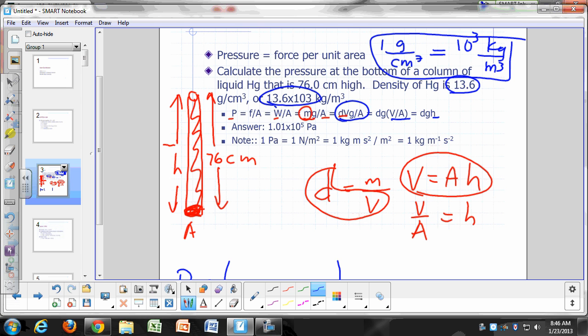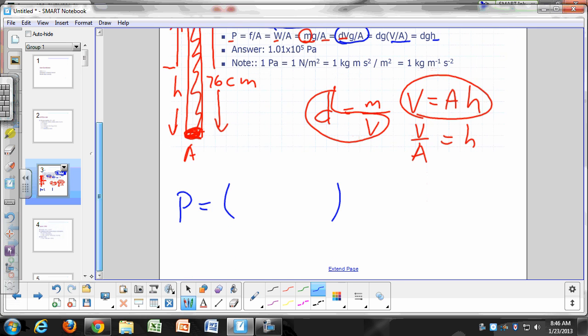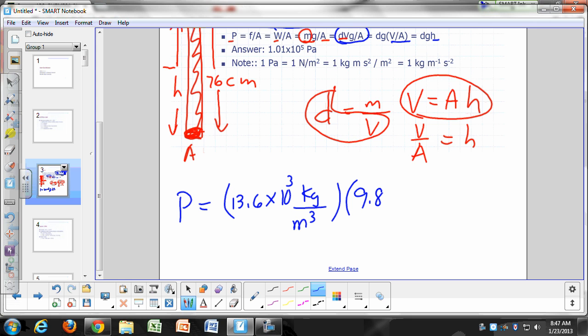Your density is 13.6 times 10 to the third kilograms per cubic meter. What's the acceleration due to gravity? 9.80 meters per second squared.